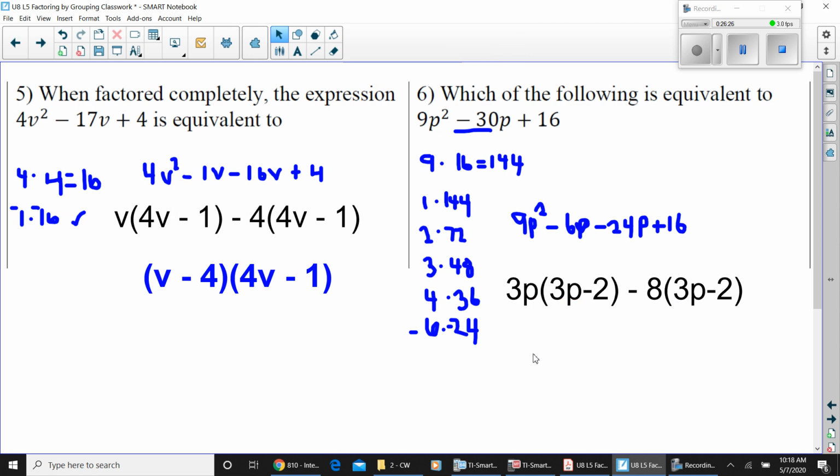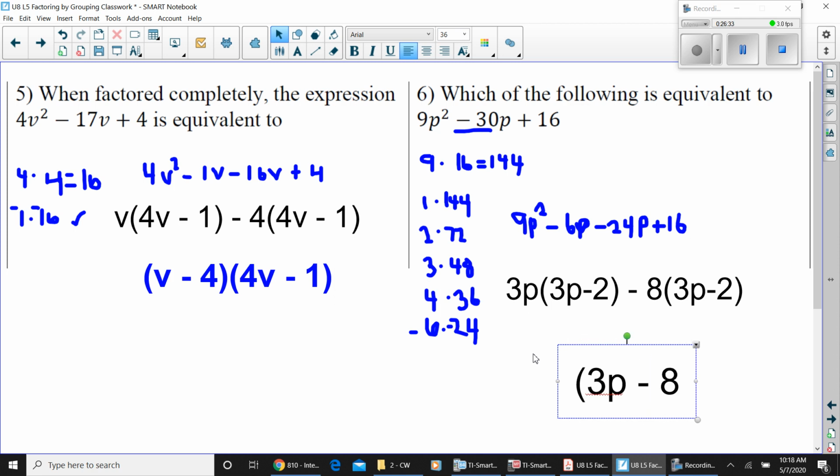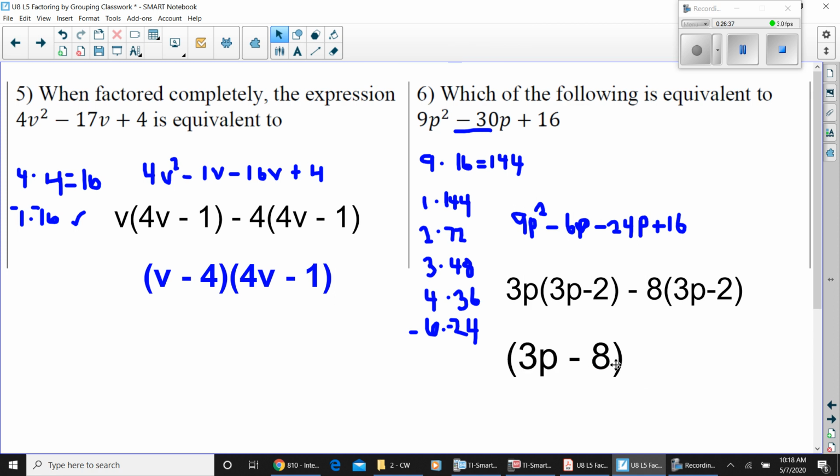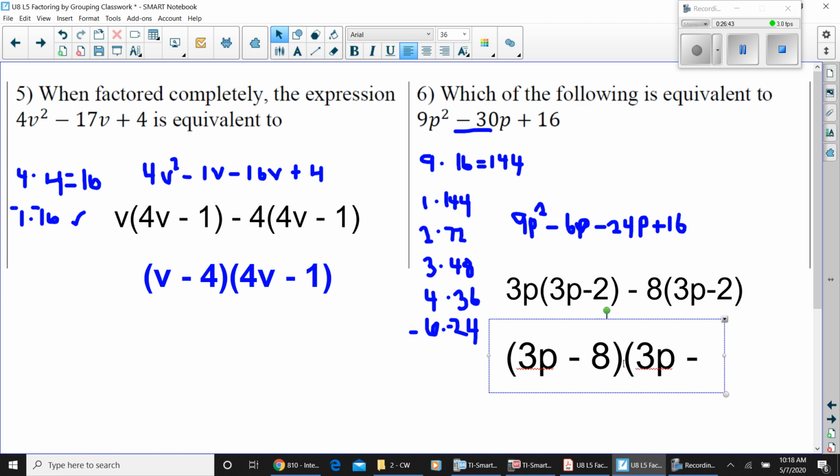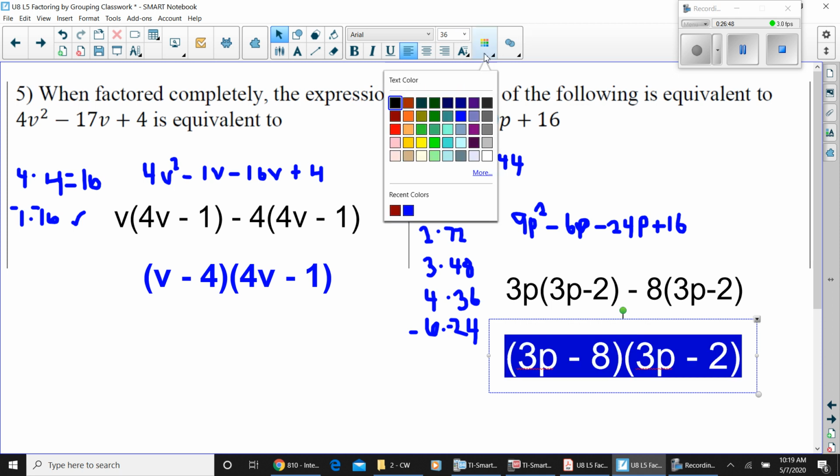So you're going to make 2 binomials. One binomial is going to be created with the terms on the outside of the parenthesis, and then the same binomial inside the parenthesis would be your answer, and that is your answer.